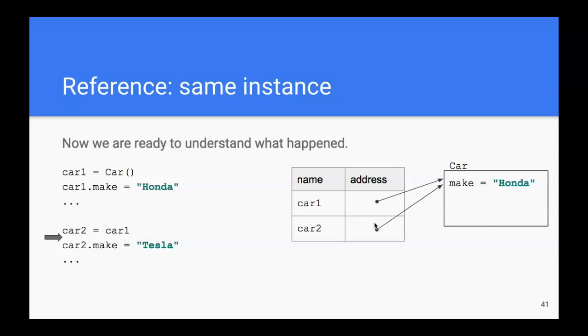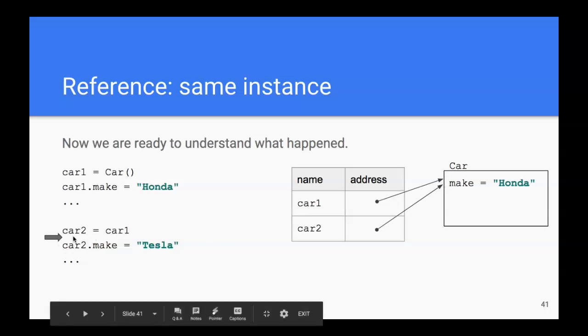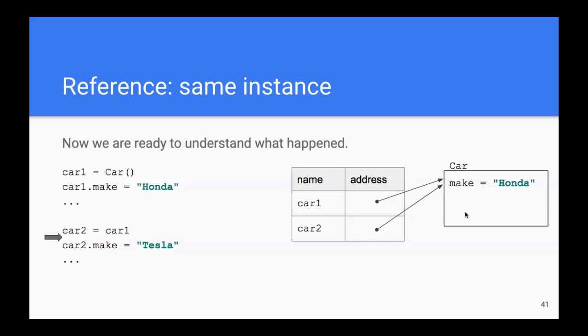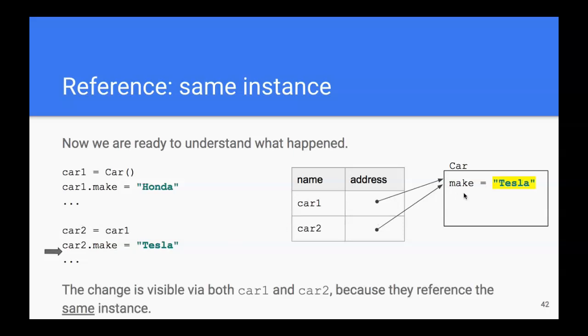So car2 is pointing to the same thing as car1. And when we dereference car2, we follow this pointer, go to whatever instance car2 points to, and update its attribute make. We are changing this attribute to Tesla.